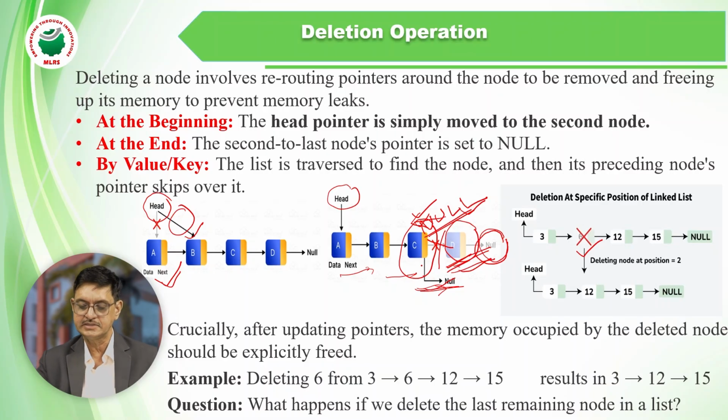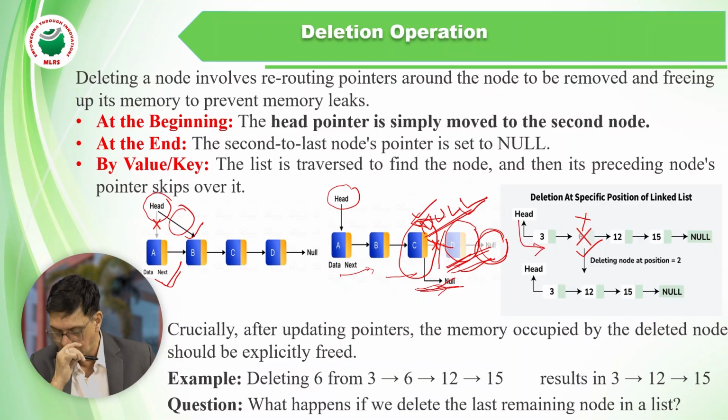Similarly, deletions can also be performed at any particular location or based on a particular value. Based on the location or value, once again we need to traverse from the header node to the first node or to the required node. Say for example, this 6 is going to be the required node.